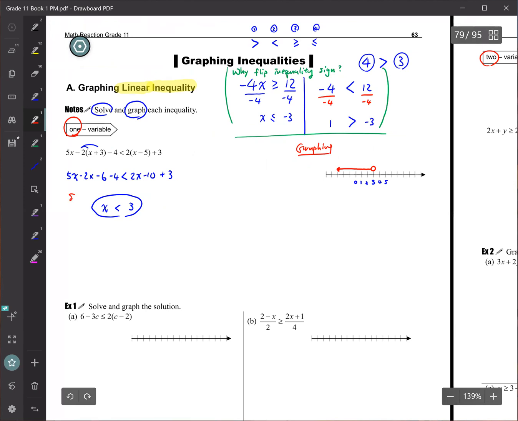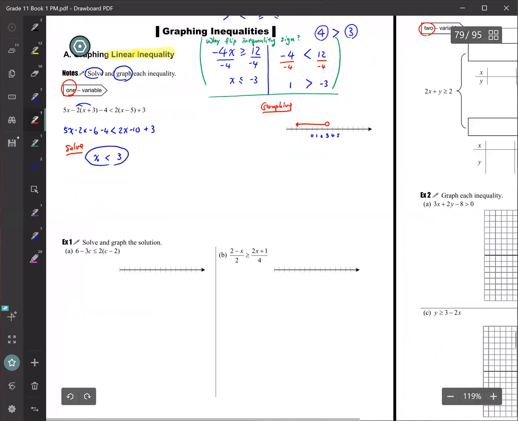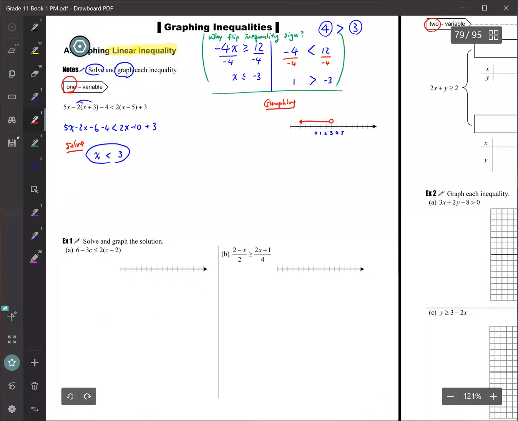Okay, this one is for solving. All right, so I'll let you try the questions at the bottom. Okay, you have 2 of them at the bottom. When you finish question A, you can raise your hand. We'll check that one first.